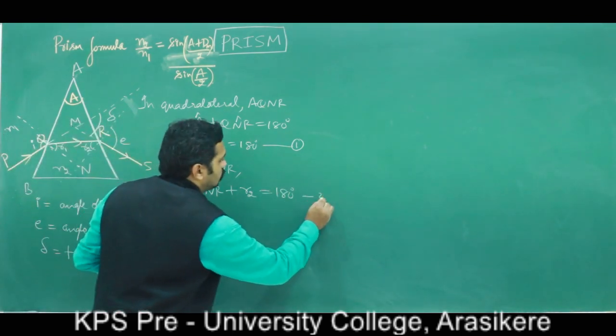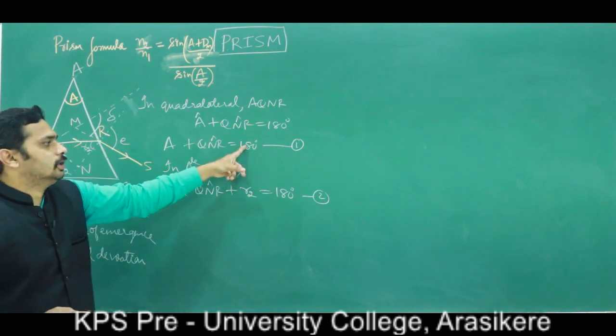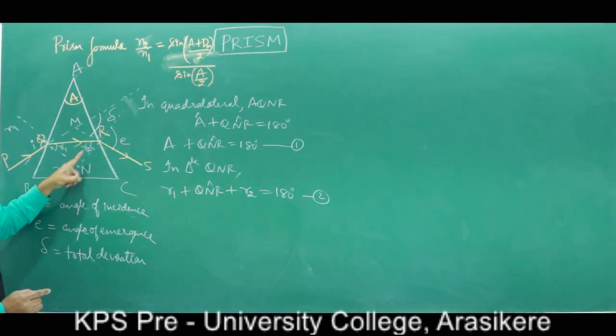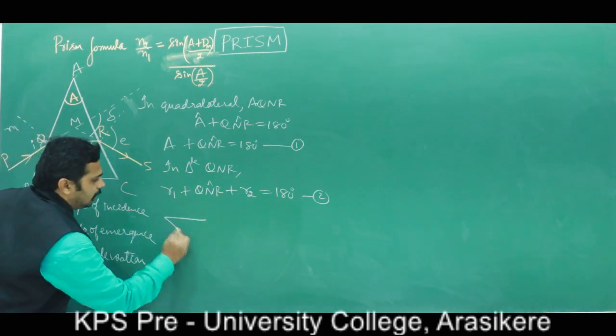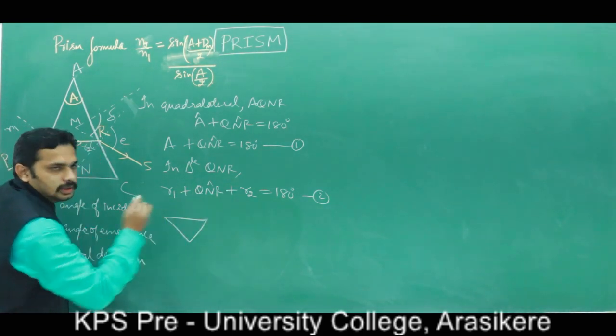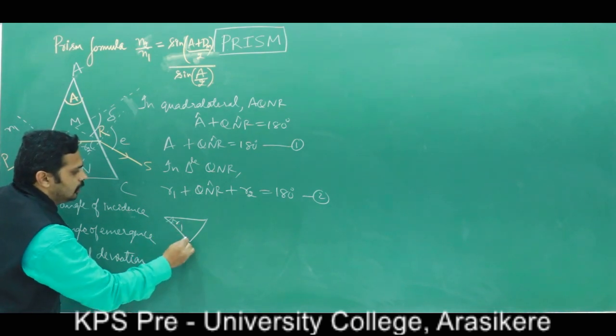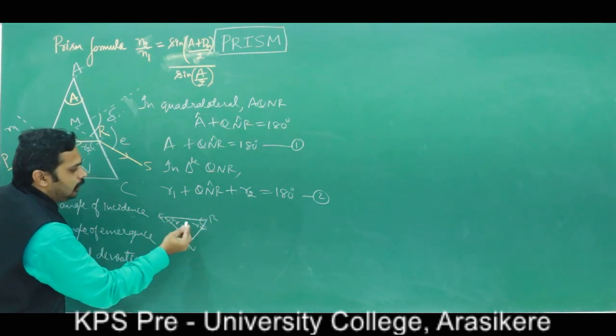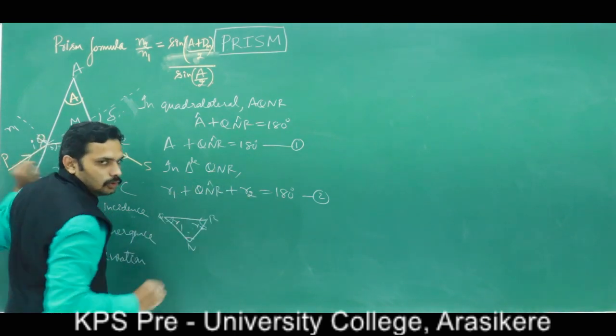This is equation 2. Once again, this is the triangle QNR, and the sum of three angles is 180 degrees. This is R1, this is QNR, this is R2.